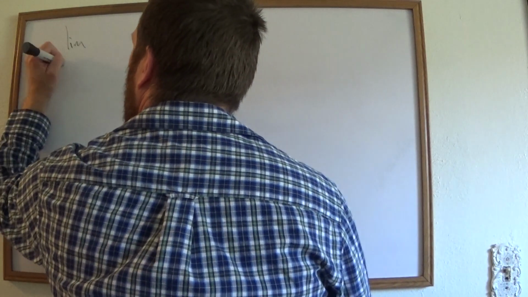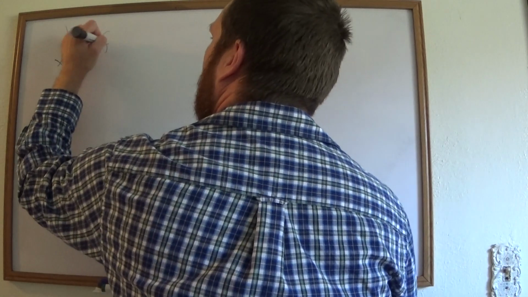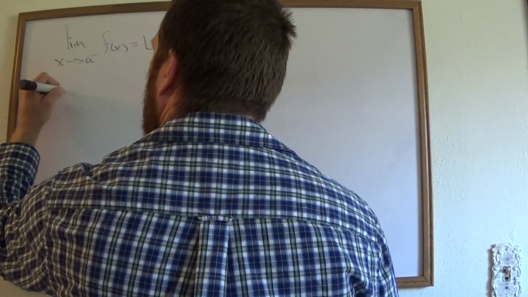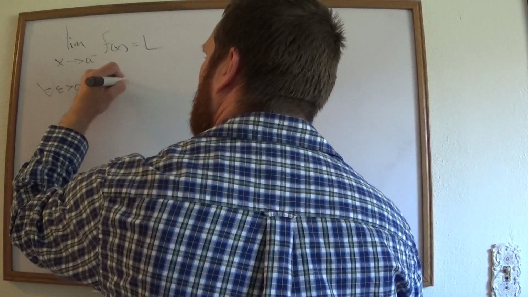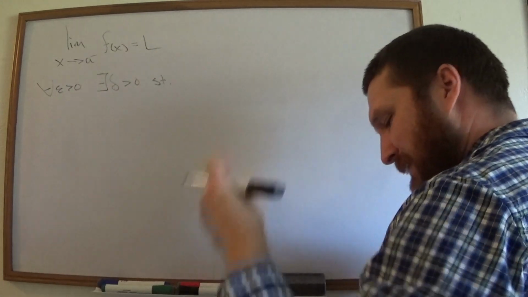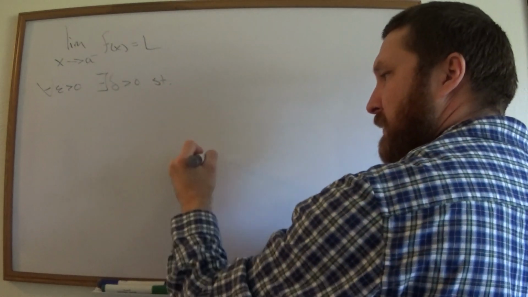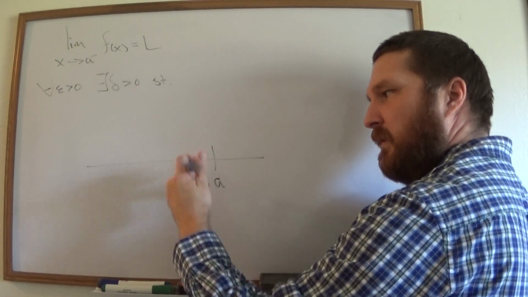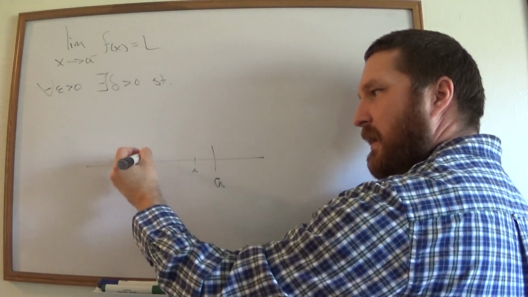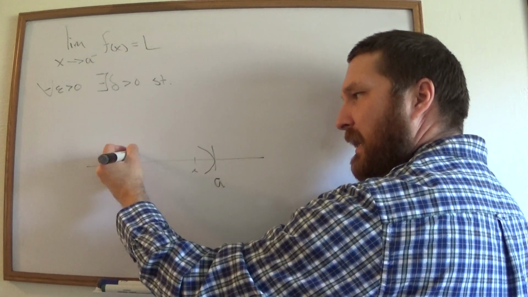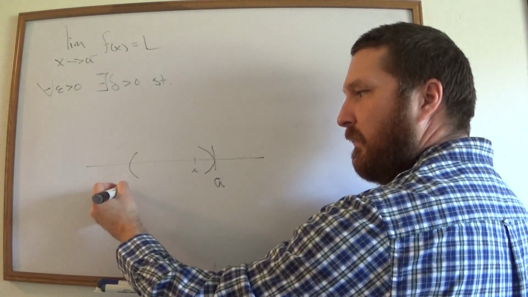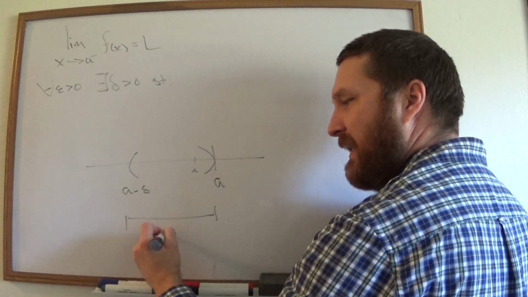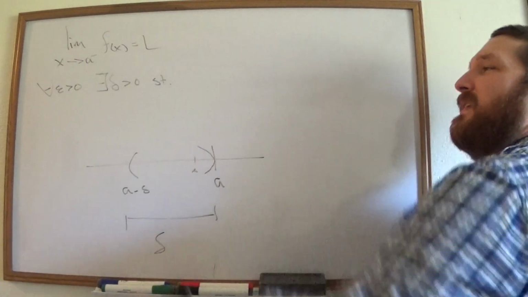The limit as x goes to a from the left of f means that for all epsilon bigger than 0, there exists a delta also bigger than 0, such that, but now we only care about one side. So here's my a. We only care about getting close to a this way. So x is somewhere in here, and we want to go up to a and down to a minus delta. You're still within delta of a, but only on one side of it.